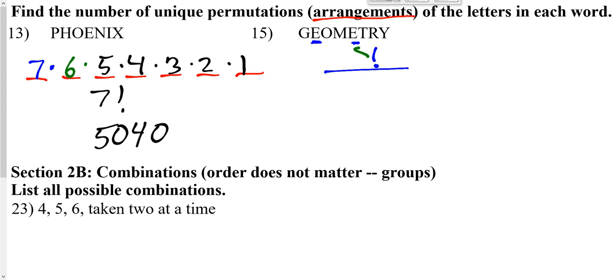So you're going to go 8 factorial, and then you're going to divide it by the letters that repeat and how many times they repeat. And E repeats, so I'm going to put that down here, and it repeats twice, so that's a 2 factorial. If you wanted, you could work this out. You work out the top, work out the bottom, and then you get 20,160.